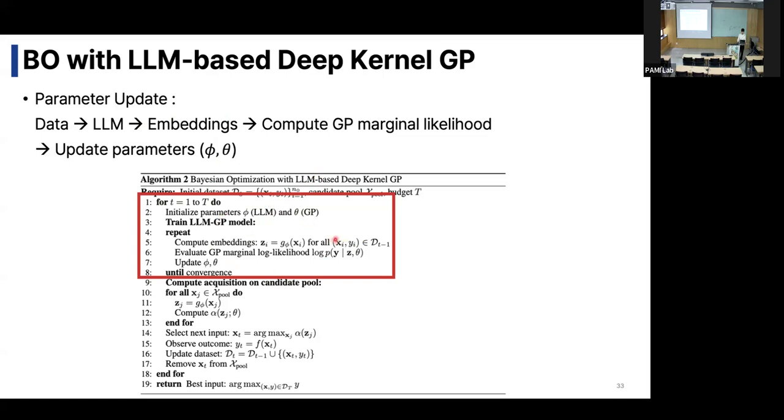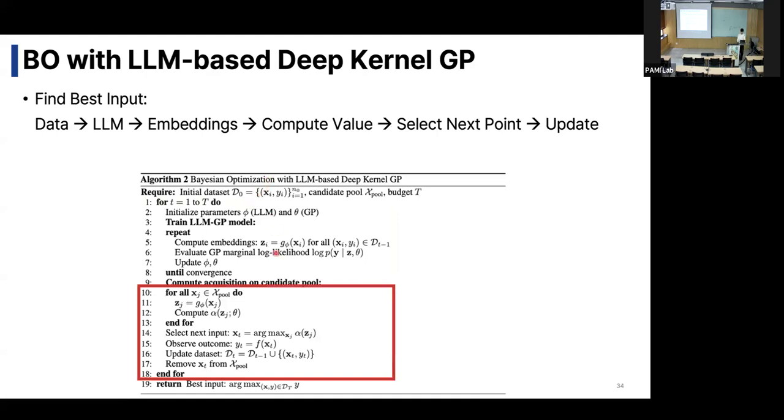This process is repeated iteratively until convergence. So that is until we find a suitable set of theta and phi that best explain the data. Once training is complete, these parameters are used for finding the best input during test time.